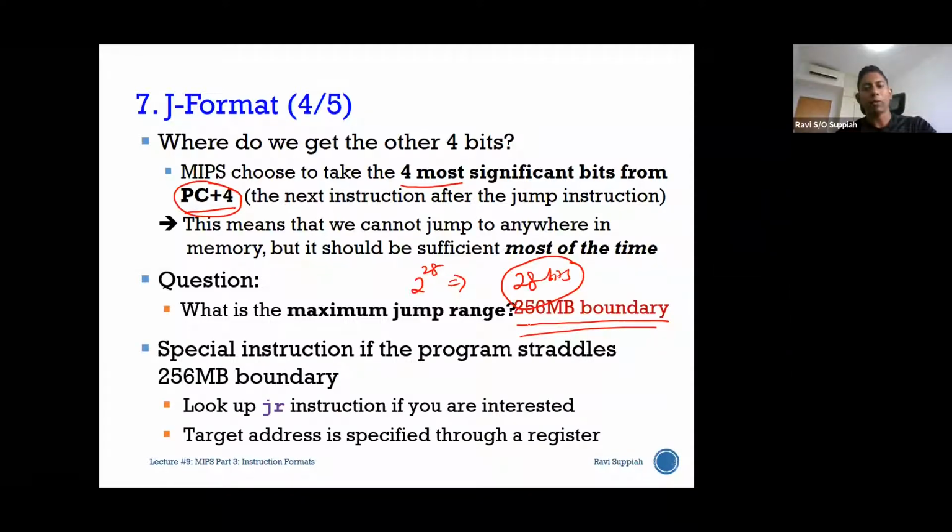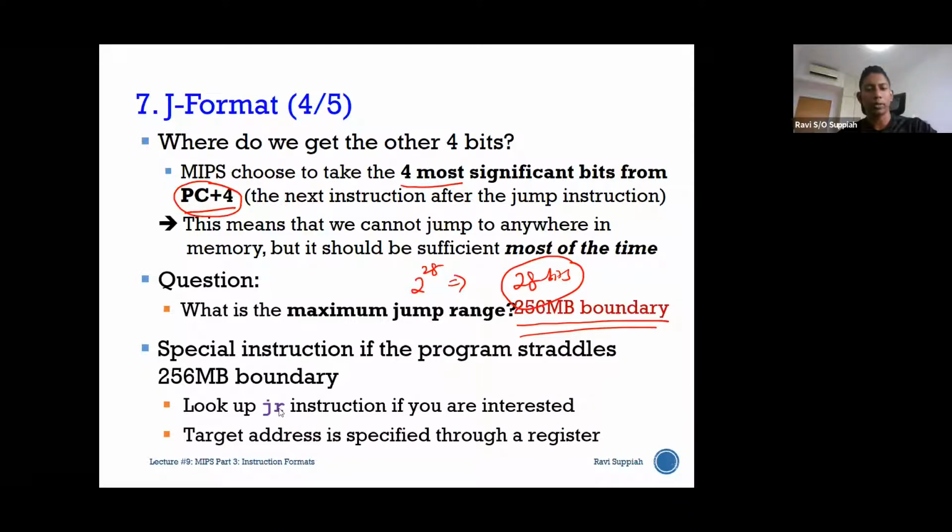Of course, this is in most cases more than enough for instructions in our code. But in situations where your jump address is beyond this, your compiler may use some other instructions.